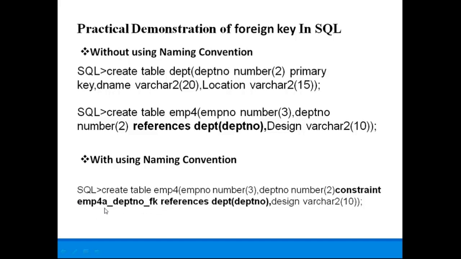I am giving the name to the foreign key, that is the reference key, which refers to the department number column in the department table. Okay, and if we are not assigning the foreign key while creating the table, we can assign it to the table while altering the table.